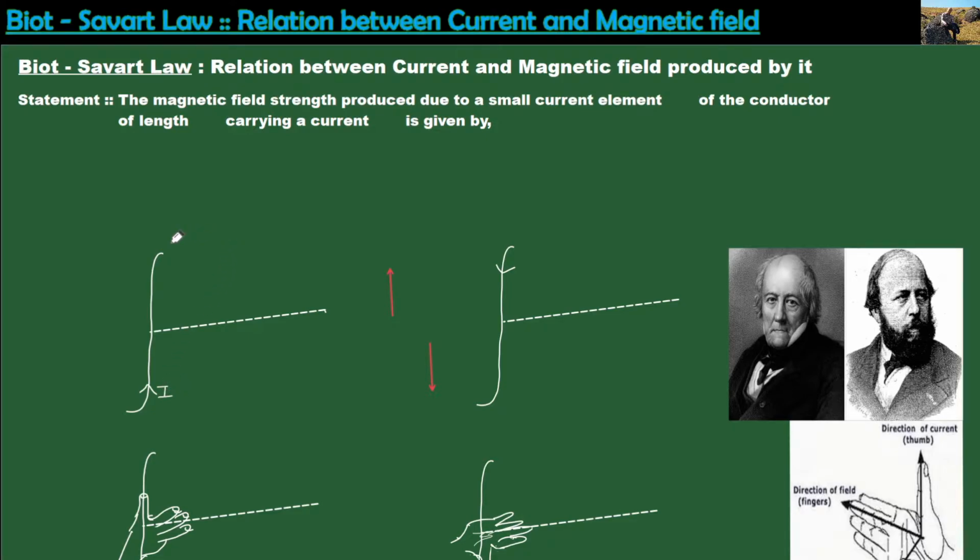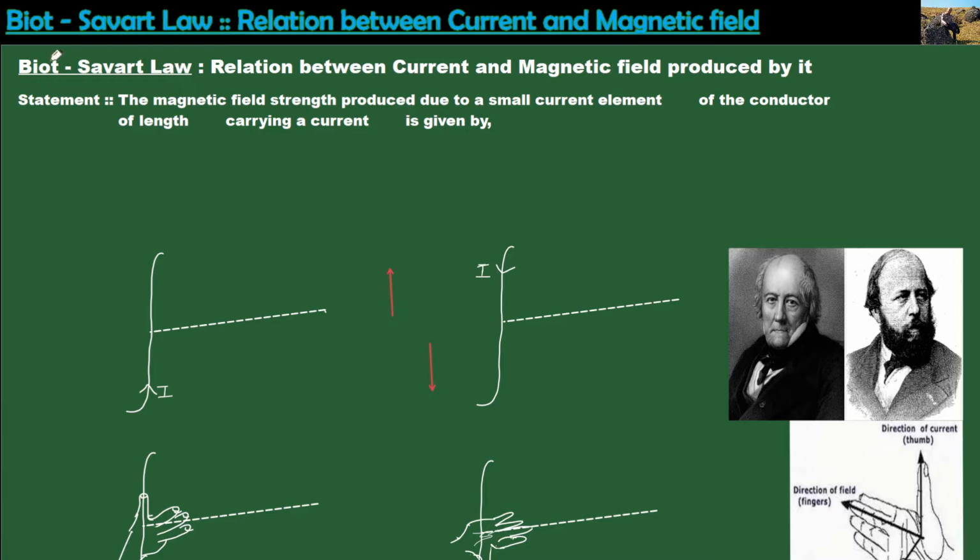Say, for instance, I have this wire carrying a current I in one direction, and another wire which carries a current I in the opposite direction. We know from Orsted's experiment that any wire carrying a current will always produce a magnetic field around its neighborhood.